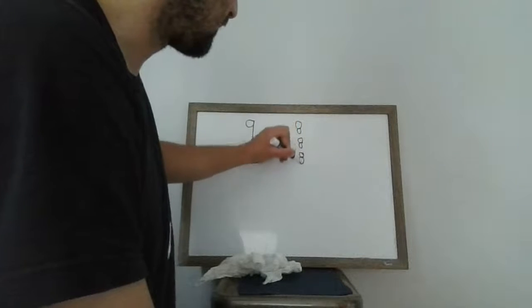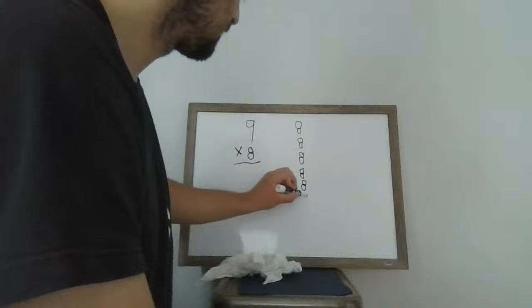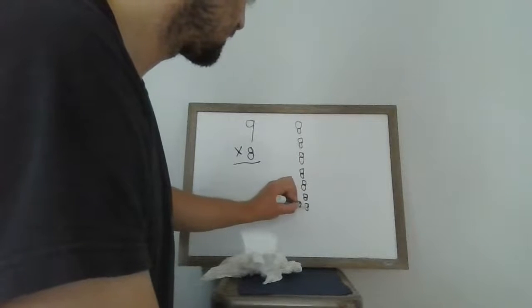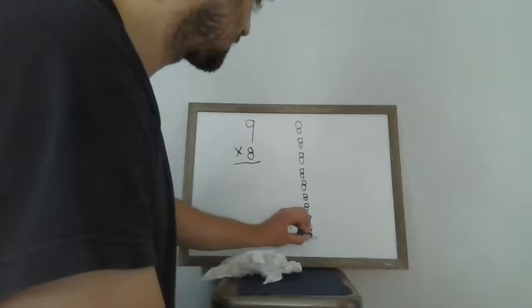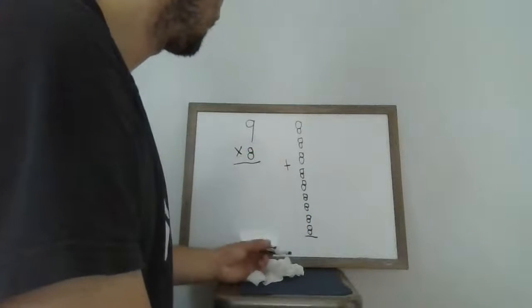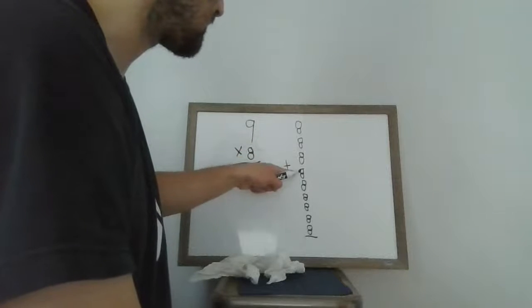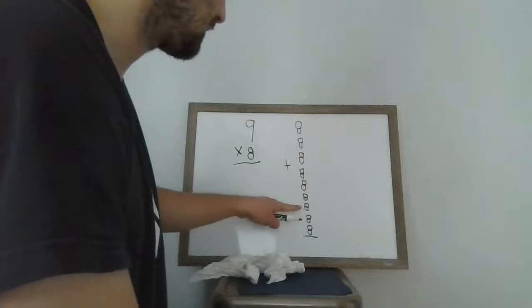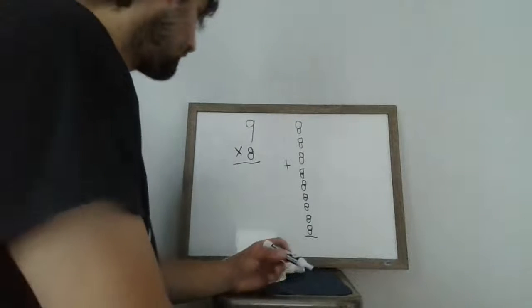So I'm going to write what that would look like as an addition problem. 9 times 8 means that we're adding 8 plus 8 plus 8 plus 8 plus 8 plus 8 plus 8 plus 8 plus 8. All right.